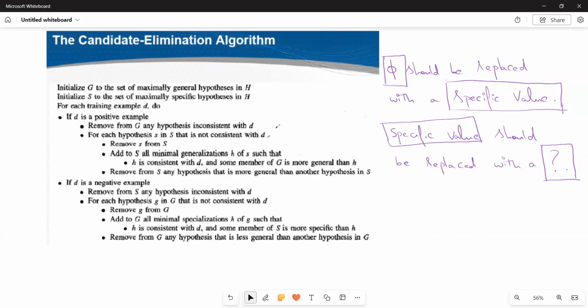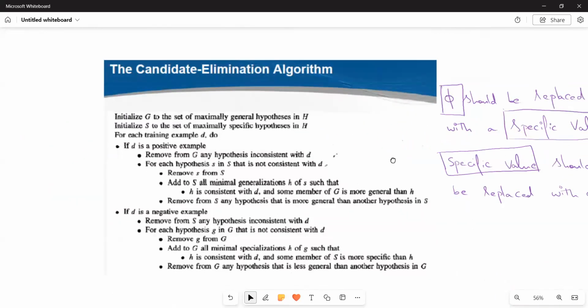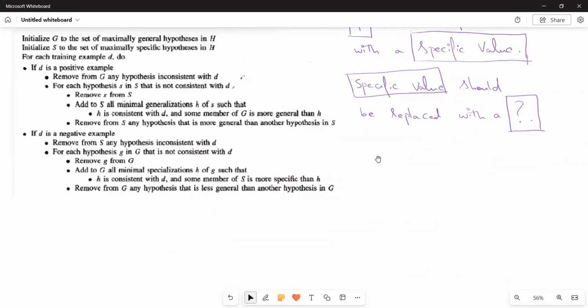Okay, so coming to your negative example, when your target attribute or your outcome is negative, as in the case of your third example, you have a negative example here. So what are we going to do here? We are going to go to specific boundary and check for consistency.